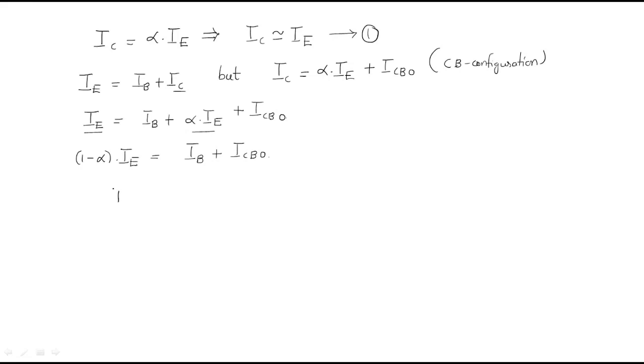So now you can write IE equal to 1 by 1 minus alpha times IB plus 1 by 1 minus alpha times ICBO.